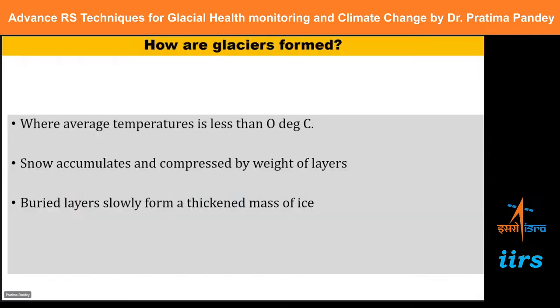And where does it form? Wherever the average annual temperature is less than 0 degrees for many years. When the temperature is less than 0 degrees centigrade for, suppose, 10 years or 20 years, then there will be more snowfall than melting, and the snow will accumulate.